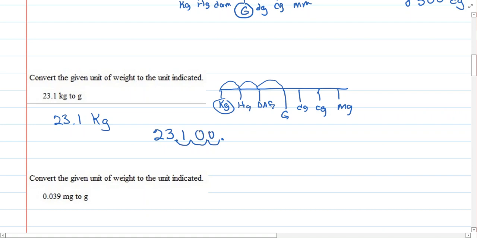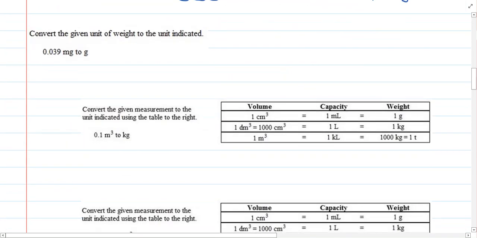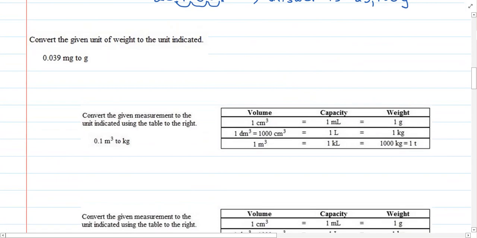So now I know that my answer is 23,100 grams. All right. Those are fun. Now we have this one here. It says convert the given unit weight to the unit indicated, milligrams to grams.